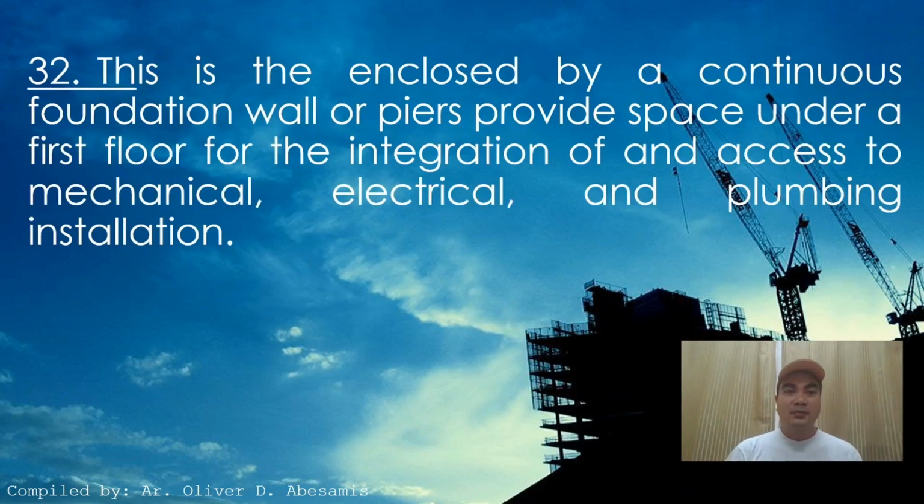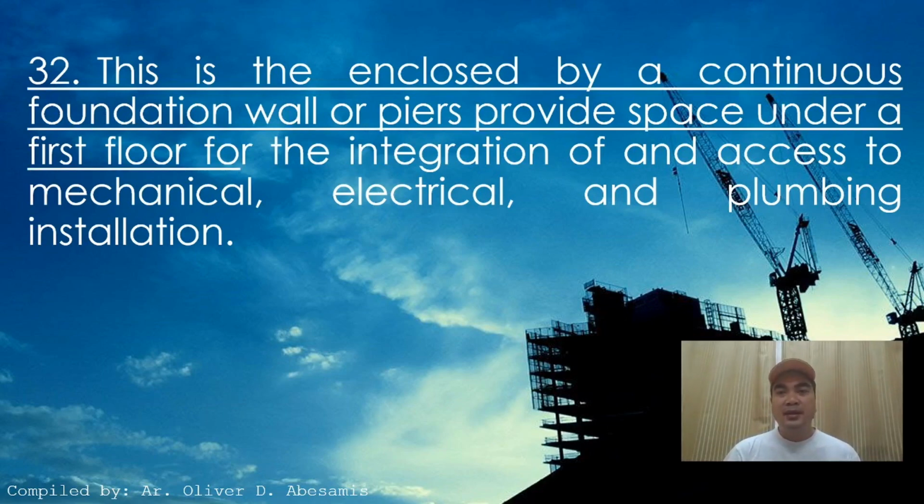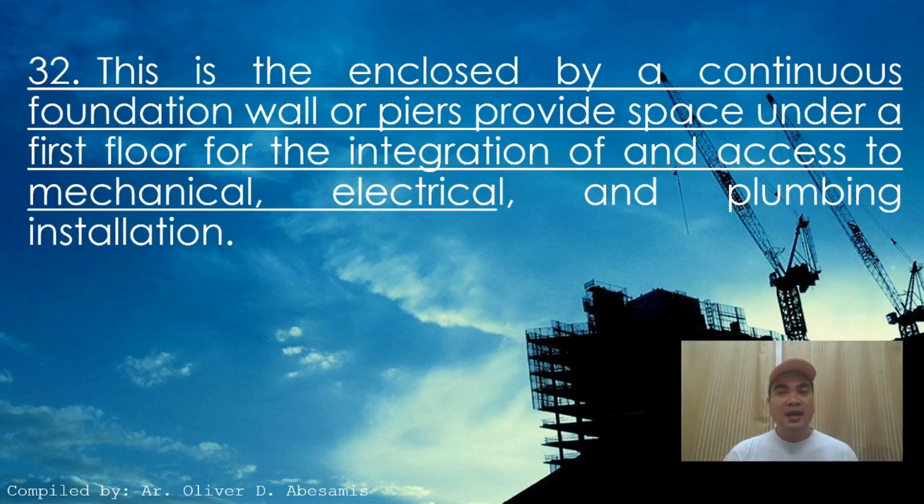32. This is the space enclosed by a continuous foundation wall or piers, provided under a first floor for the integration of and access to mechanical, electrical, and plumbing installation.